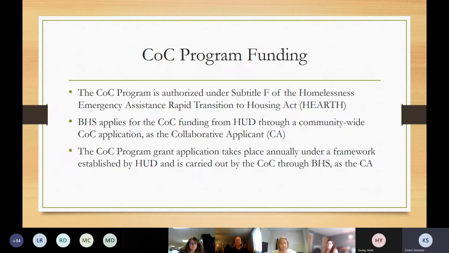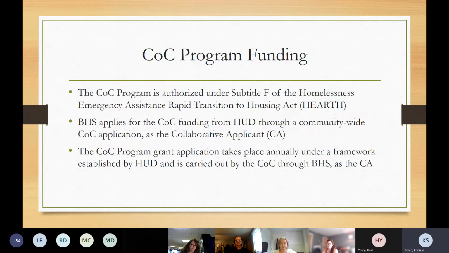The collaborative applicant application for Continuum of Care funding includes several parts for the entire Balance of State geography. When we submit this application, it includes a CoC application, which contains all of our narratives for the questions that are posed in the actual Notice of Funding Available.